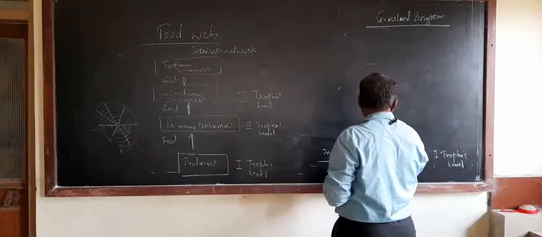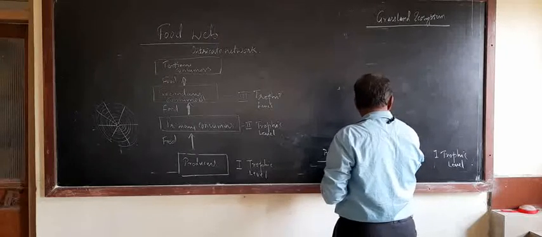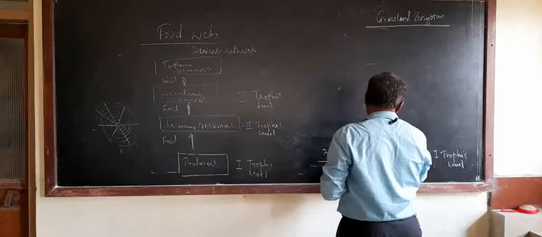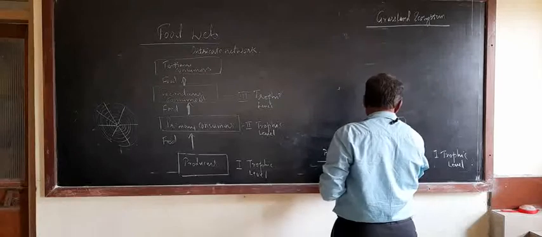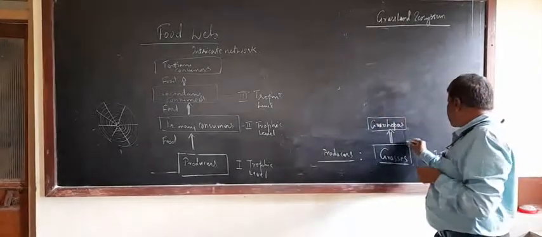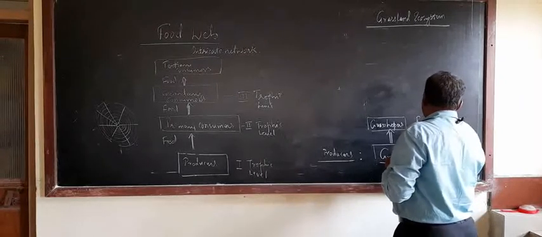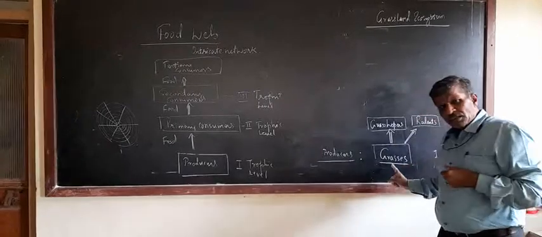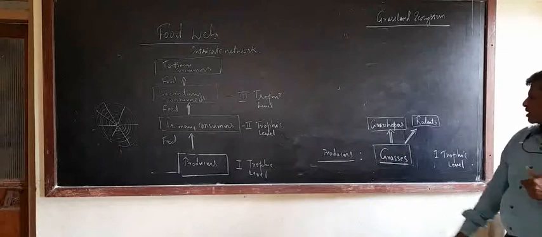to insects, maybe the grasshoppers. Even sometimes if rodents are present, then these rodents also directly feed upon the grasses or their products, so they get their food directly from the grasses.